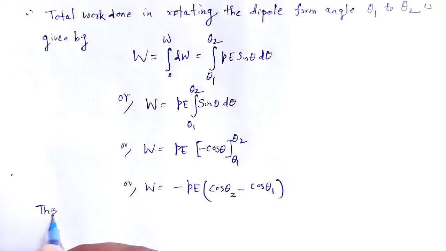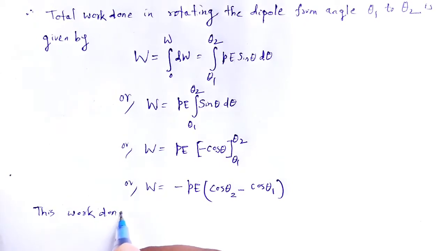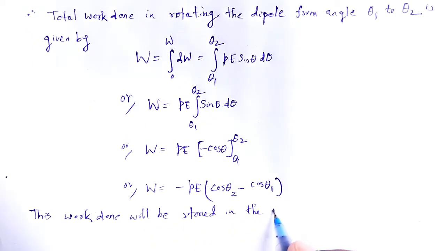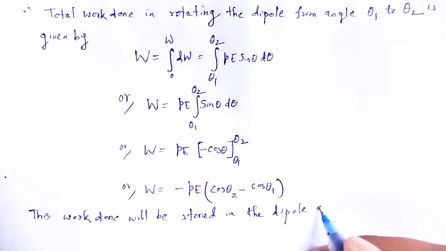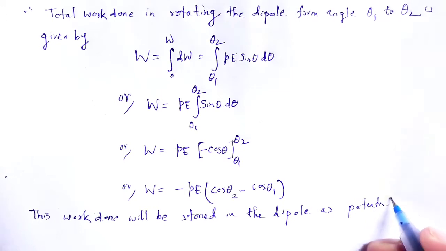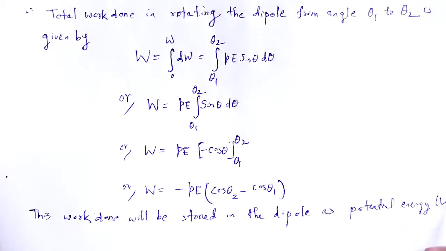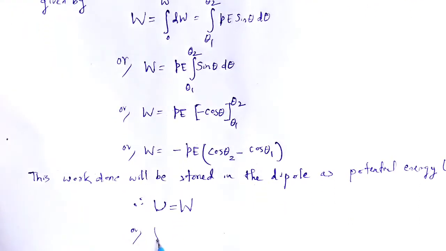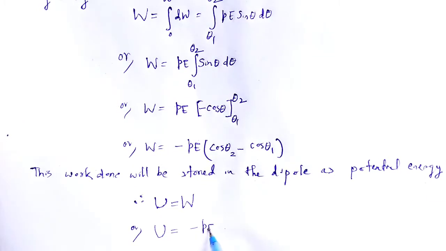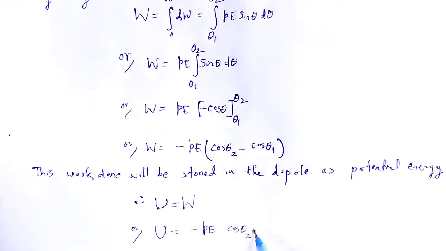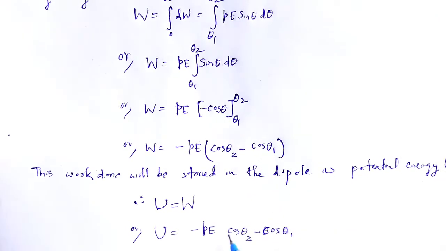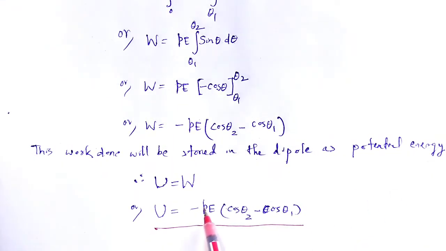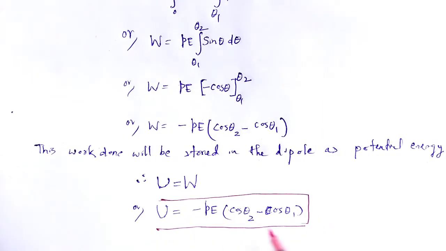So, this work done will be stored in the dipole as potential energy U. Therefore, U is equal to W, or the potential energy U is equal to minus P E cos theta 2 minus cos theta 1, the potential energy of a dipole in a uniform electric field.